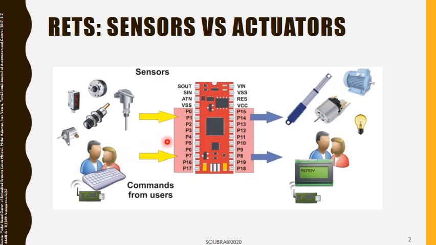For example, we've seen in the last lecture, in order to kick the dog, the watchdog timer, we needed to push a button in order to make sure that the system does not reset. And on the opposite side, we have different components to act on the environment, hence we call them actuators.